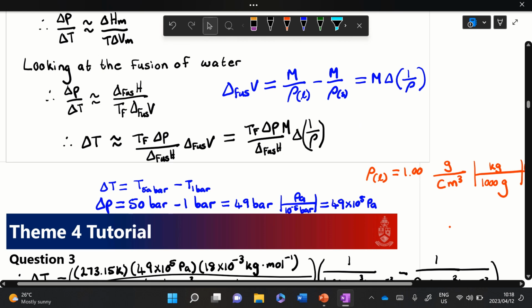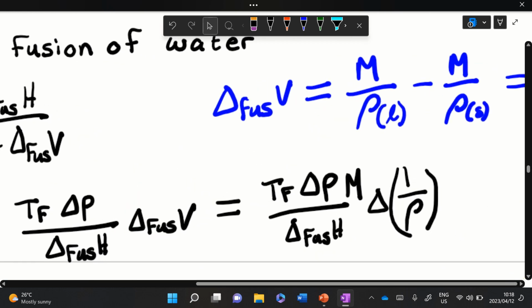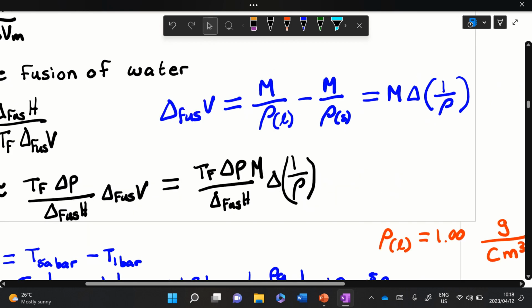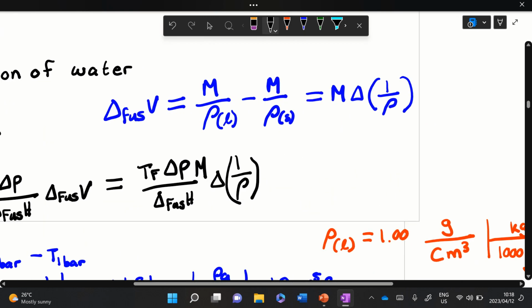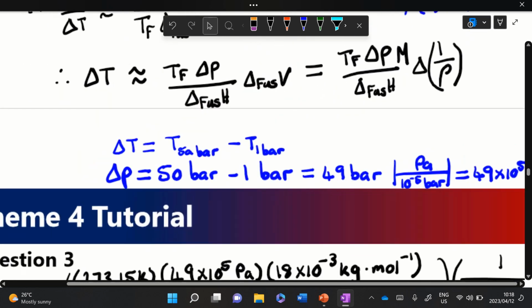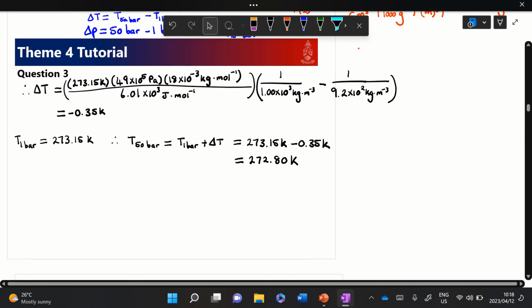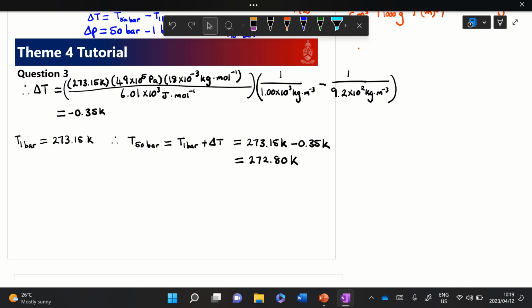The important thing is to keep track of if you're using fusion or melting, and then remember to have these things the right way around, and use delta T symmetrically with delta P. You can't use them opposite to one another. But remember, it should make sense. If there's more pressure on ice, then the melting point should decrease. If there's less pressure on ice, then the melting point should increase. It's an easy way to remember that.